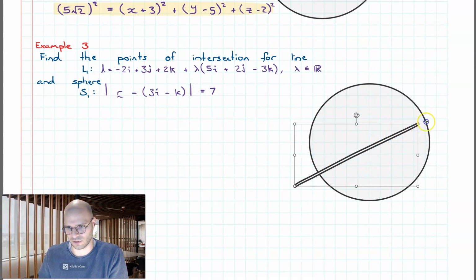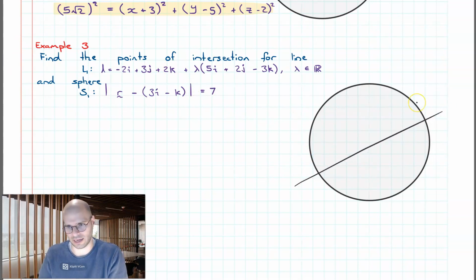It's going to look something like that, perhaps. And we are searching for the points of intersection. So intersection 1, we will call this point A, and intersection point 2, which we'll call B. So we're going to get 2 points of intersection, because if this line does hit the sphere, then it's got to go in and then it's got to come out.